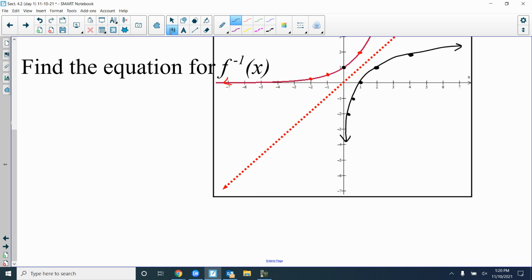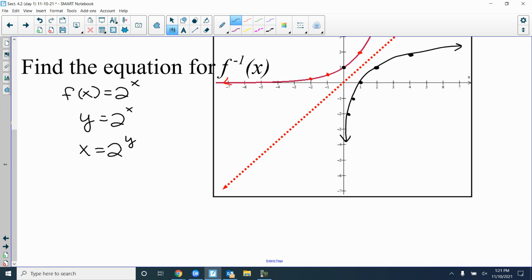Now for your equation, so we started with f of x equals 2 to the x. And so we just make that a y. And don't forget for inverses, remember what you flip? Flip the x and the y. So now that becomes x equals 2 to the y.